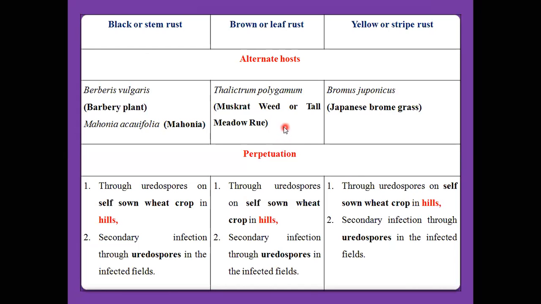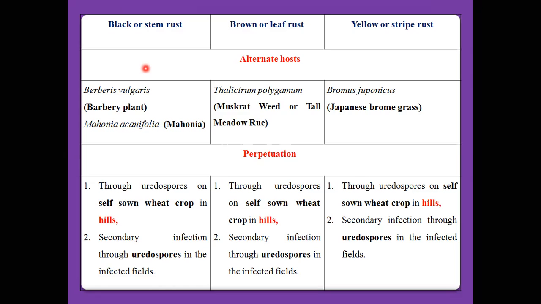Okay, then wheat rust is heteroecious in nature, or a heteroecious type of rust. Heteroecious rust means the pathogen requires more than one host to complete its life cycle.